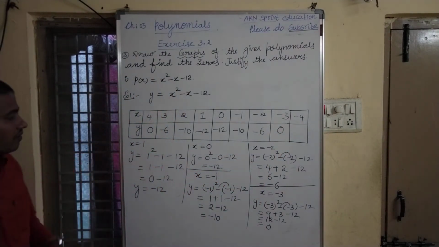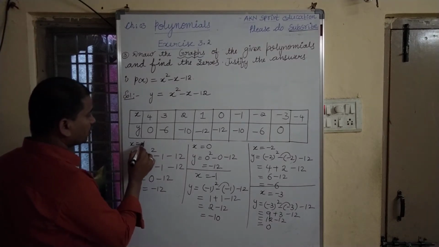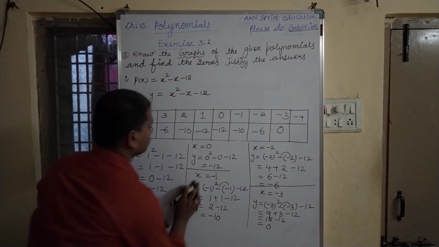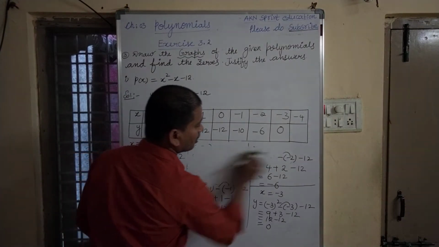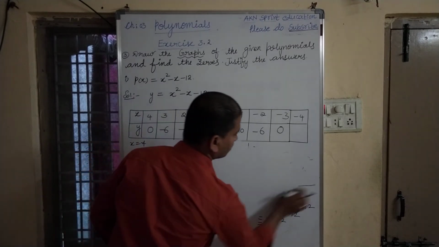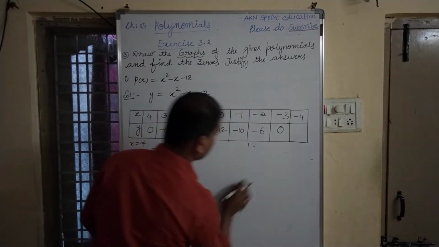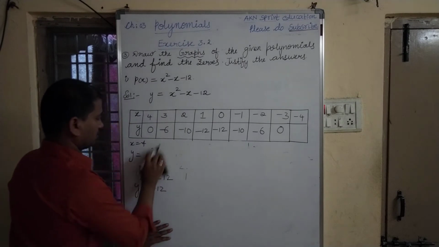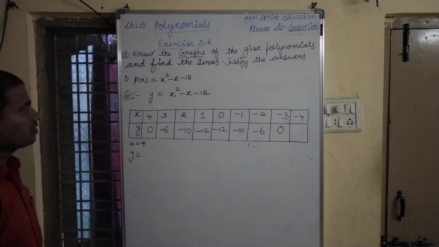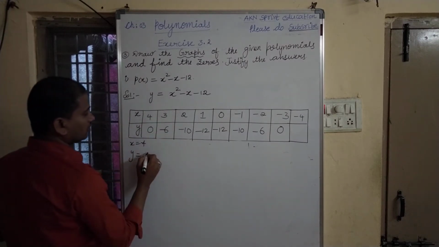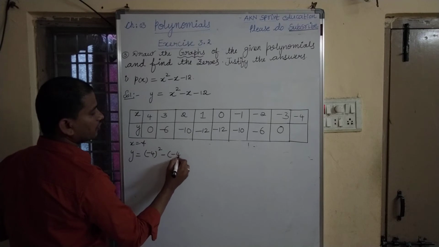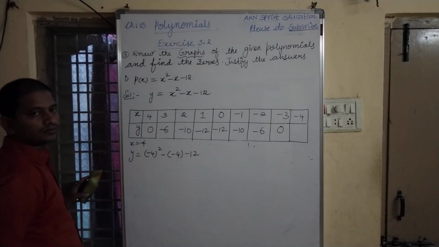Now let us find when x equal to minus 4. When x equal to minus 4, that is minus 4 whole square minus of minus 4 minus 12.